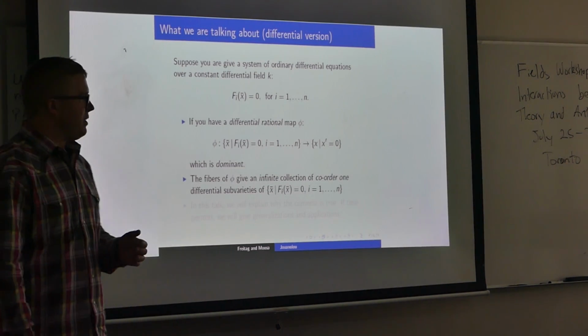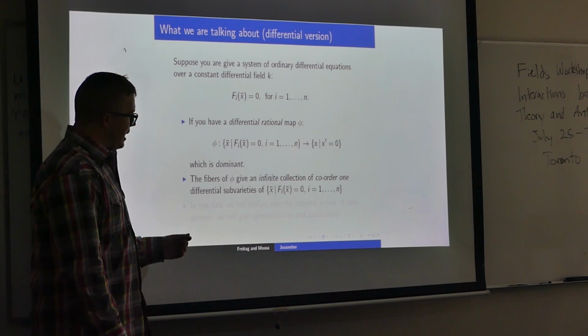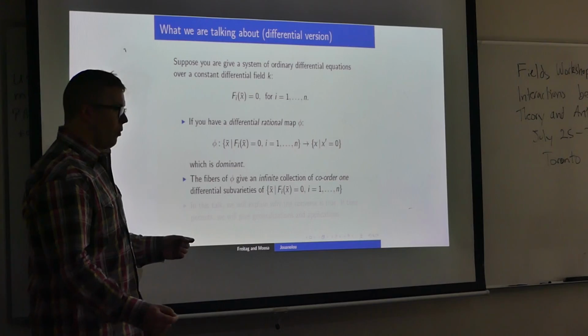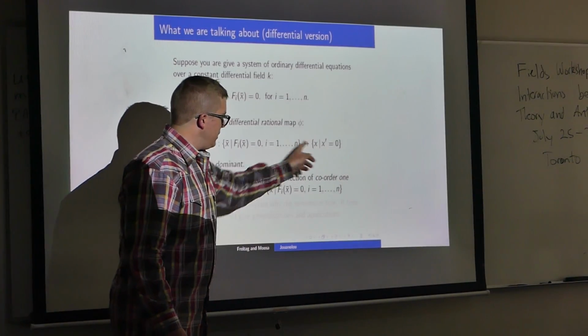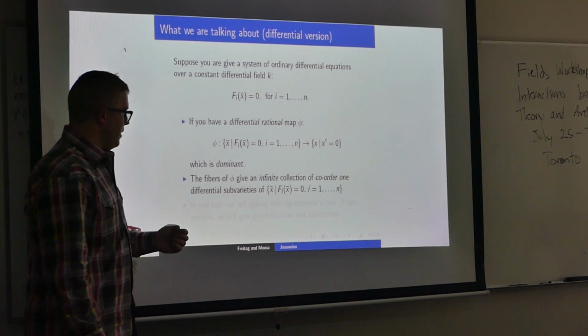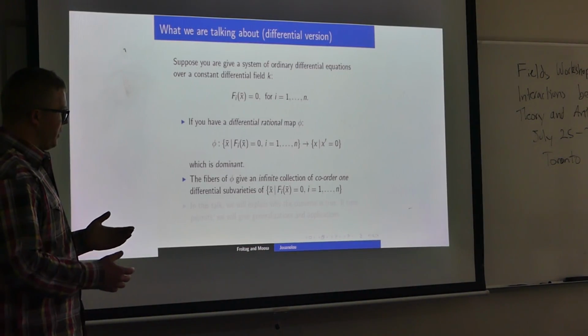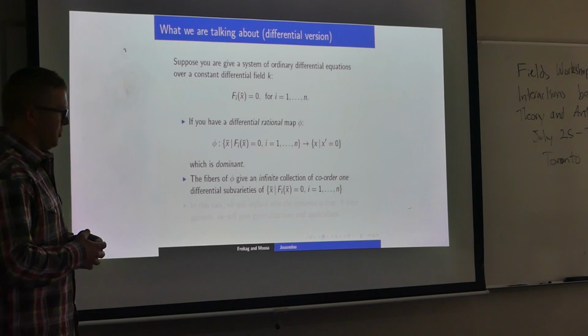If that does happen, then it's not hard to see that if you look at the inverse image of any particular point over here, the set of points here which map to it, this is what we call a co-order 1 differential subvariety.